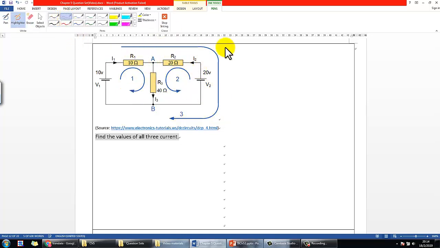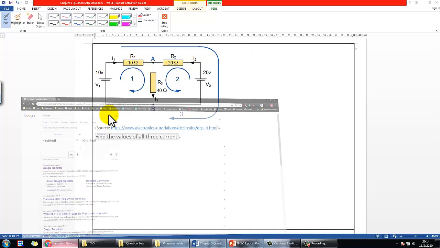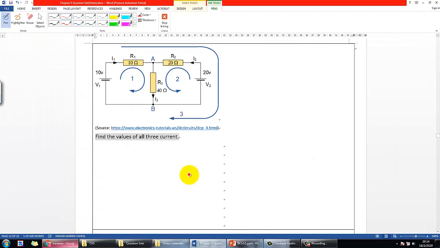Then what we have to do is follow Kirchhoff's law again. Let's start with loop number one, so we will have summation V equals 0.